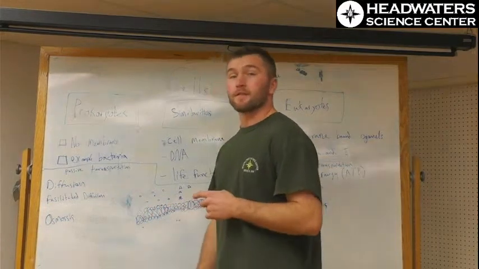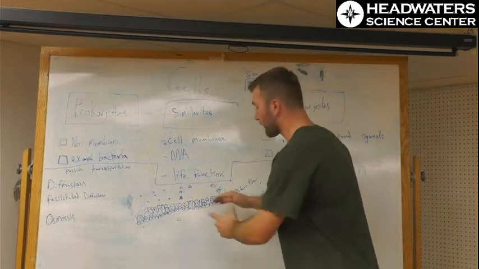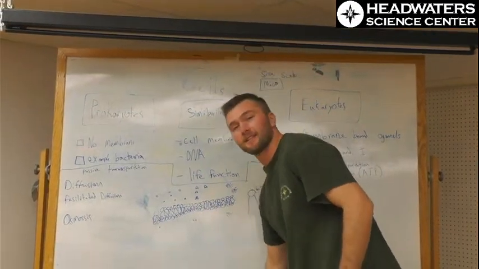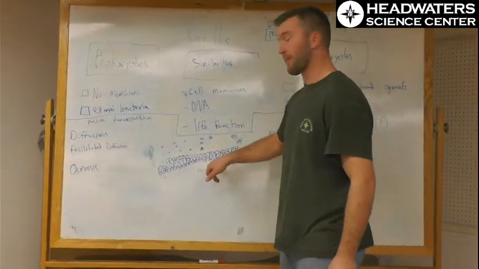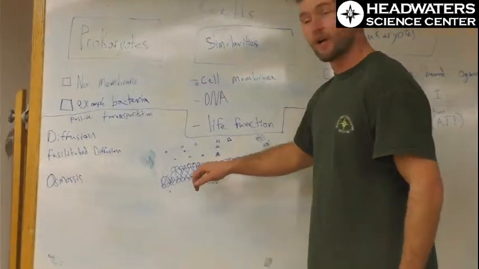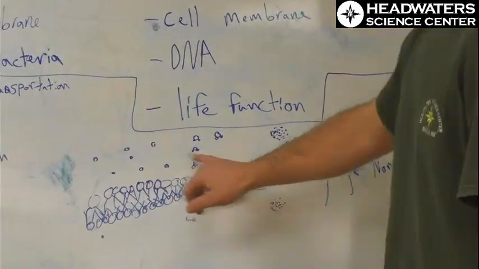For demonstration, I have a super awesome drawing here. You can tell that I don't have a very good future in art, but what I've tried to represent here is the phospholipid bilayer and some different particles.